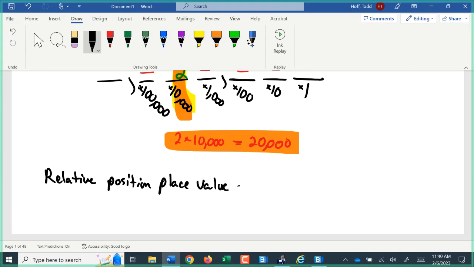And in a relative position place value system, we have digits that have their values, but then the multiplier of that digit depends on its location relative to other digits.